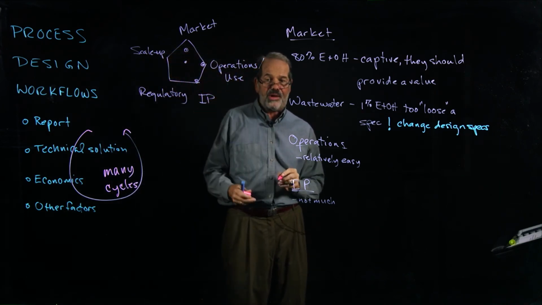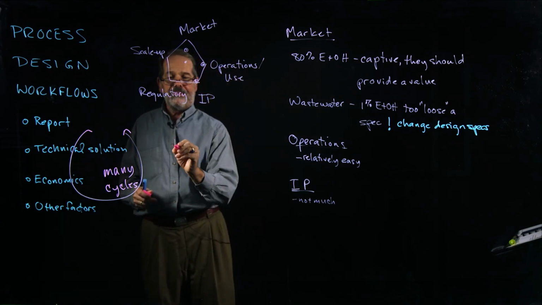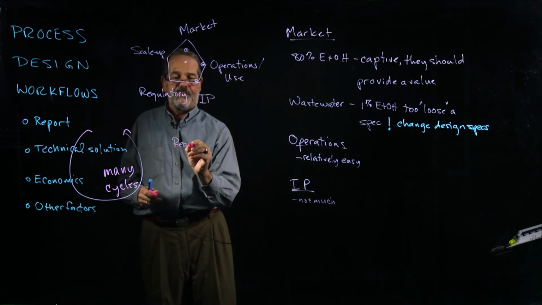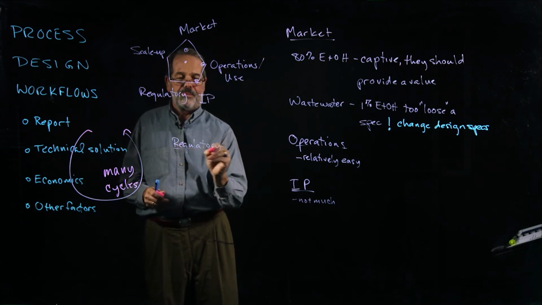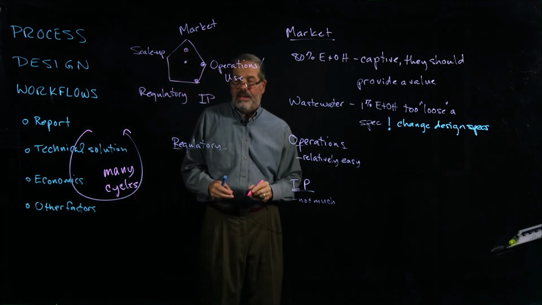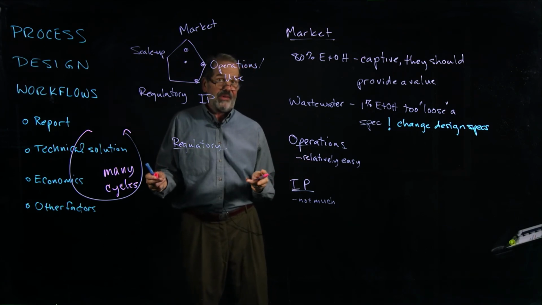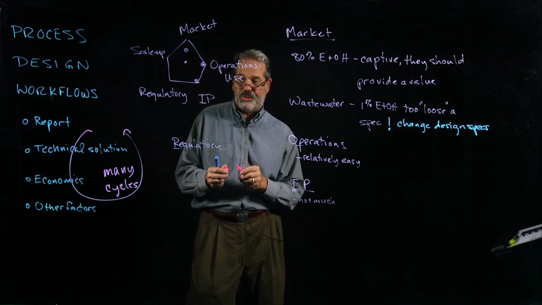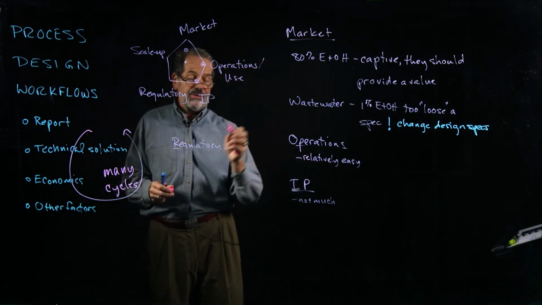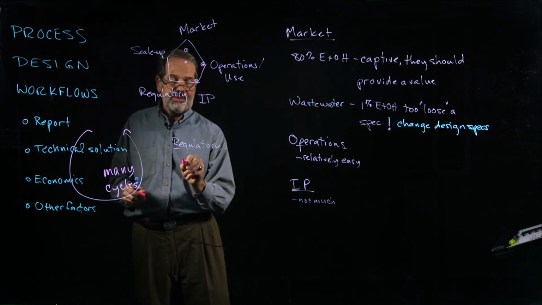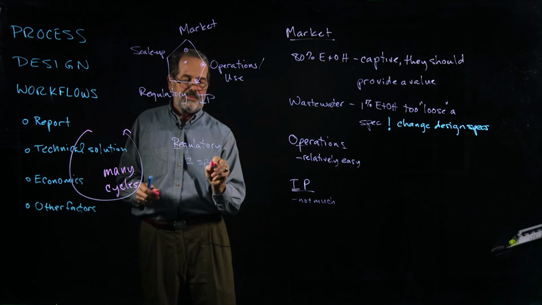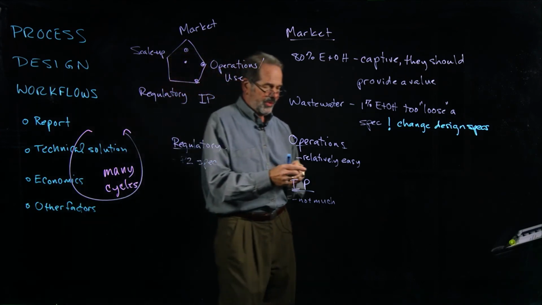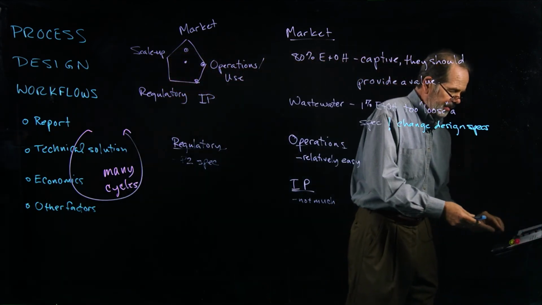The next thing is regulatory. Do we have some regulations? Yeah, we've got some regulations that we need to pay attention to. One is the spec on the output of the product, the P2 spec. Let me switch to a different color here.